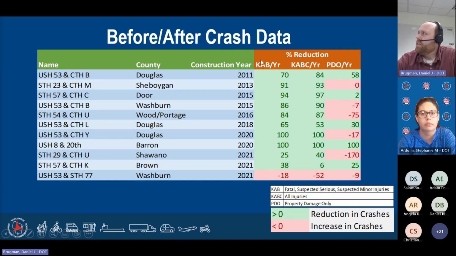This column shows the fatal and serious injury crashes per year, then all injury crashes per year, and this is property damage crashes per year. Excluding all of the locations that haven't existed for more than 3 years, some of the ones at the bottom, we're seeing about an 86% reduction in serious injury crashes per year and almost a 90% reduction in total injury crashes.